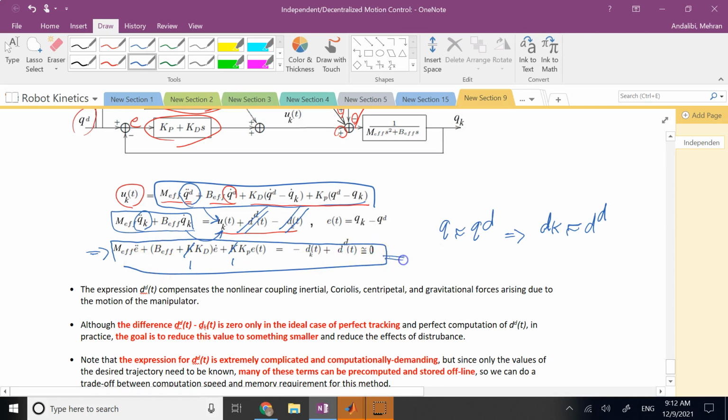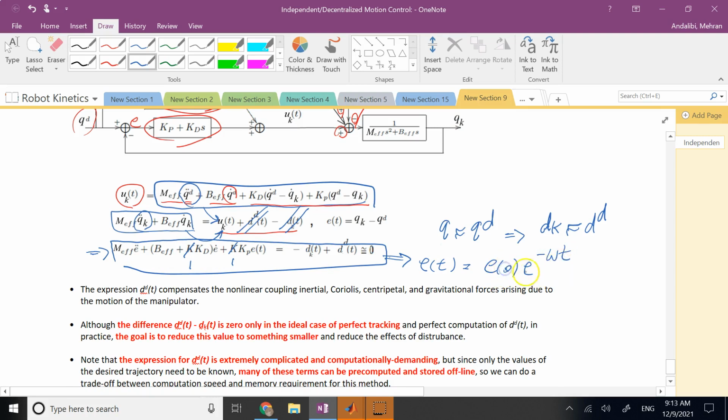And the solution of this is going to be e of t equals what? Some initial value of error times exponential of what? The roots of the characteristic equation. Correct? Like negative, for example, if I choose my gains properly, it's going to be like negative omega times t.